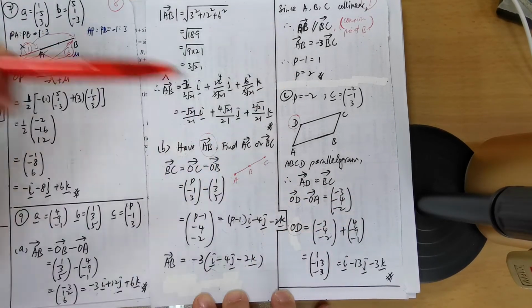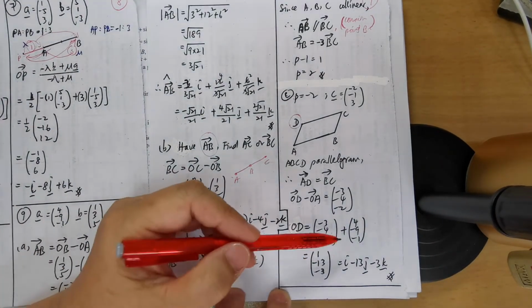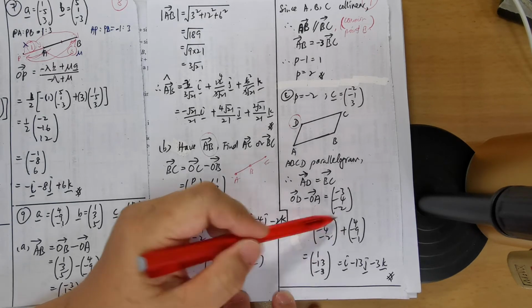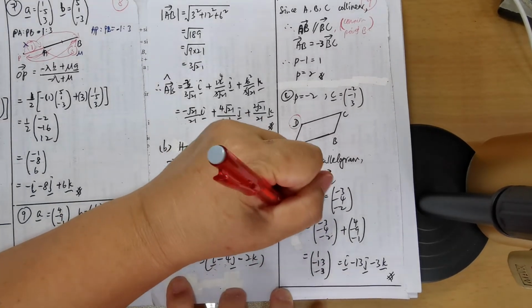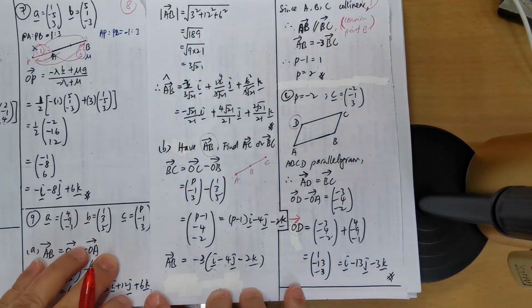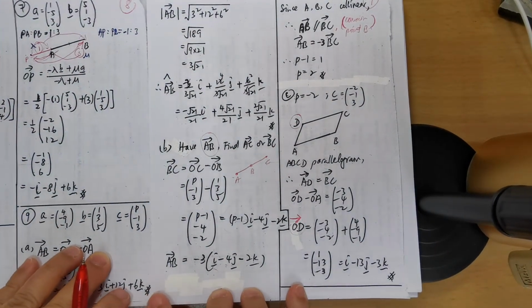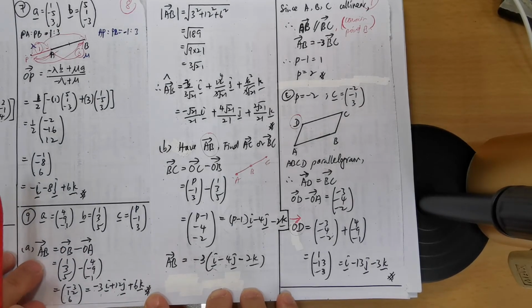This is OA here. Just calculate and you get your OD vector. Don't forget the vector notation for the position vector.